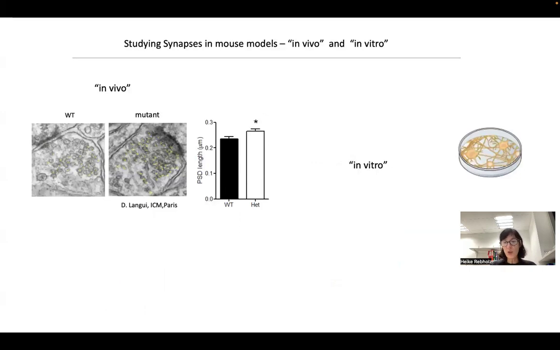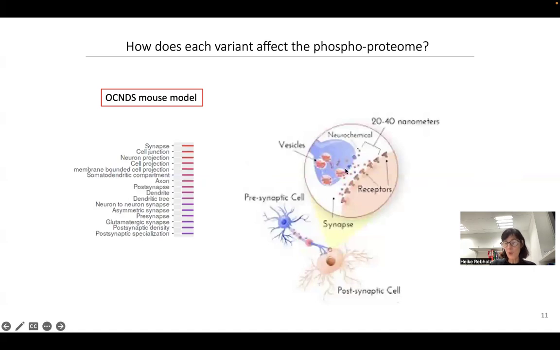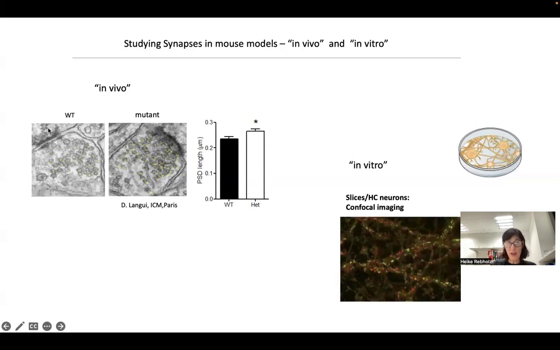We then look more closely, in a different way. We use electron microscopy, a very high-powered microscope where we can really see individual synapses. Here you see the cell that is releasing the chemical message, and behind this double line, the postsynaptic side of the synapse.